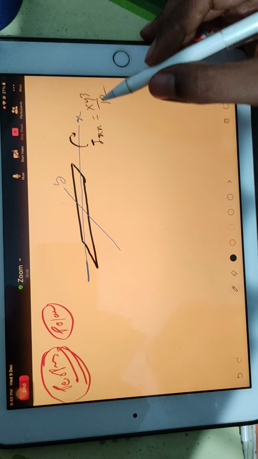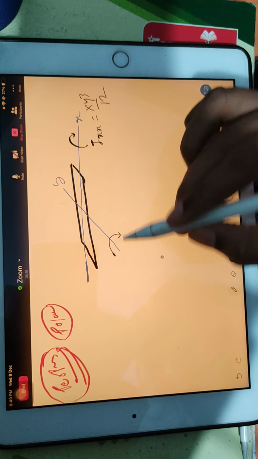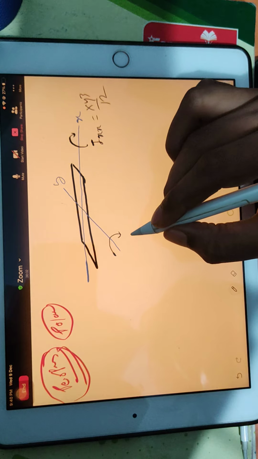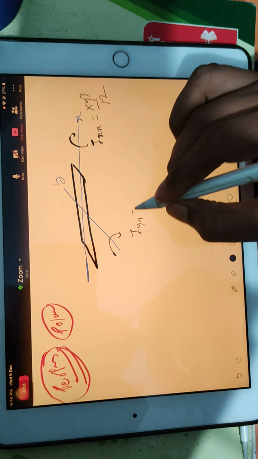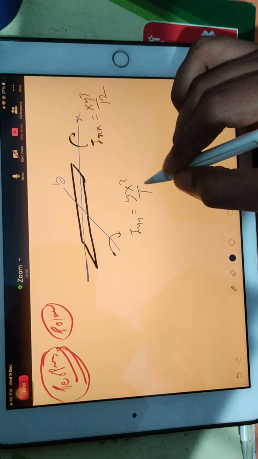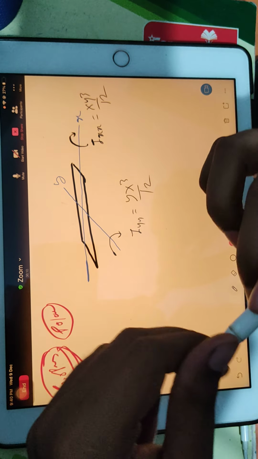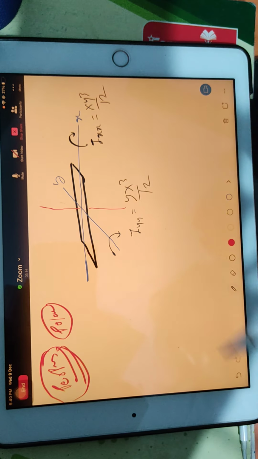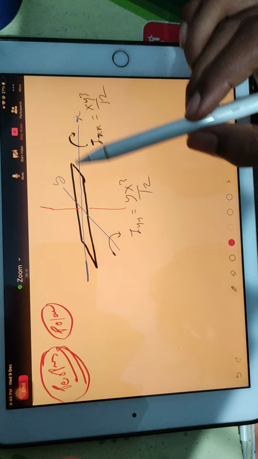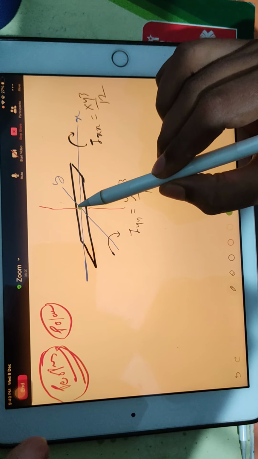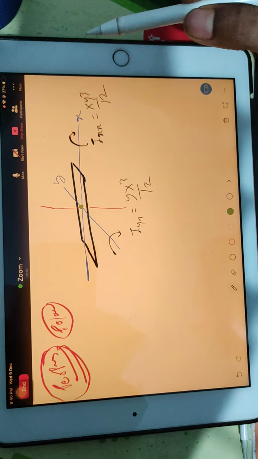And if the body rotates like this, then we use the formula I y is equal to y x cube by 12. But what if the body is rotating about this vertical axis, which is perpendicular to both axes, and more importantly, all three axes pass through the center of mass?